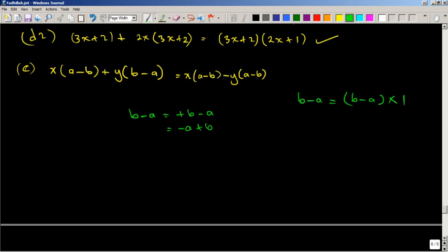Just that times 1 you don't need to display because it's really redundant. You multiply with 1, you still get the same thing. Or you can say it as 1 times B minus A. You have changed the side. You change side. 1 on the left, B minus A on the right.